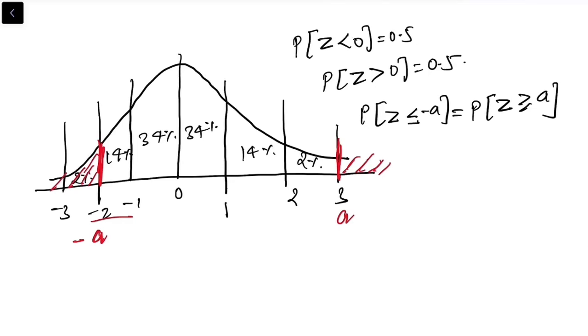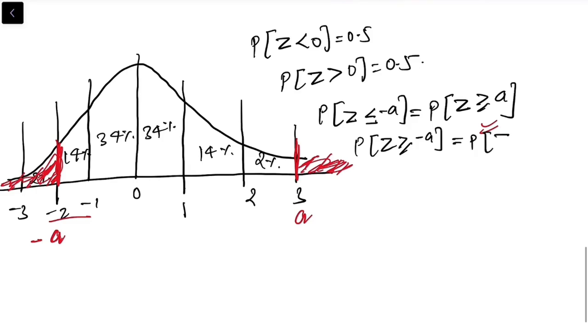Because in normal distribution, the area on the left side and the area on the right side is basically the same, right? So this area is the same as this area. Okay, so we can write this. Similarly, we can say probability z is greater than or equal to minus A is the same as saying probability z is less than or equal to A. Okay, so we'll use this property while solving the question. And to calculate the probabilities, we'll never use integration. We'll basically look at the values from the table.